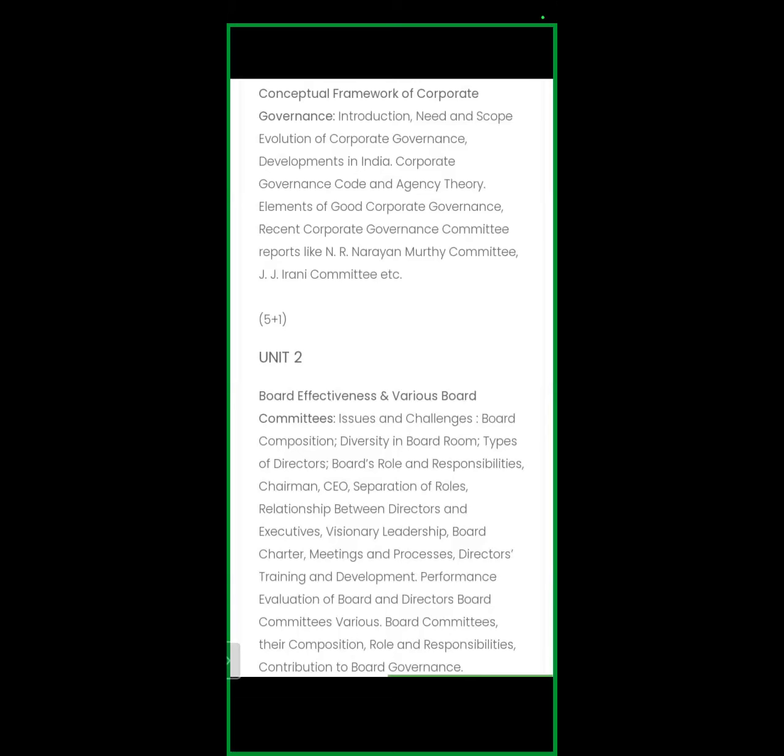So, any company, any business house, any corporate, they cannot make the rules and regulations on their own. There are certain prescribed, laid down rules and regulations which they need to follow. So, earlier, these rules were very strict, but later on, there have been many changes made in these rules and regulations.